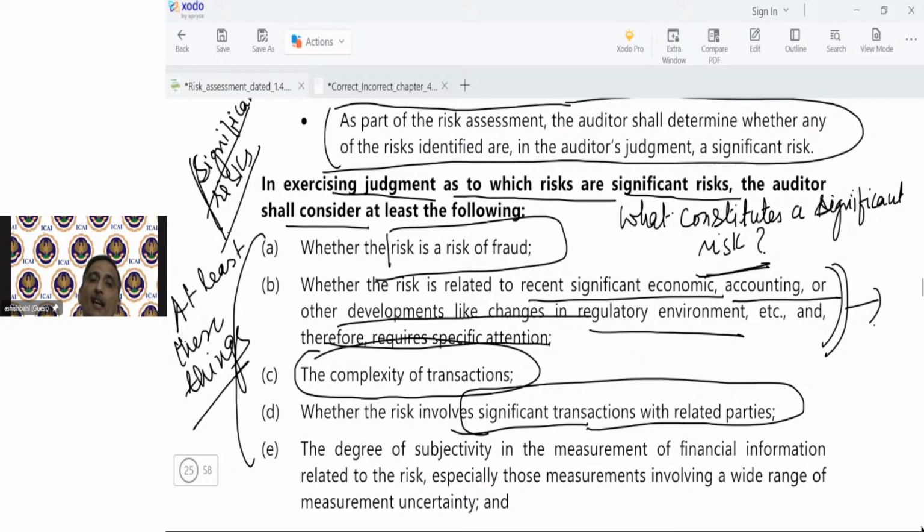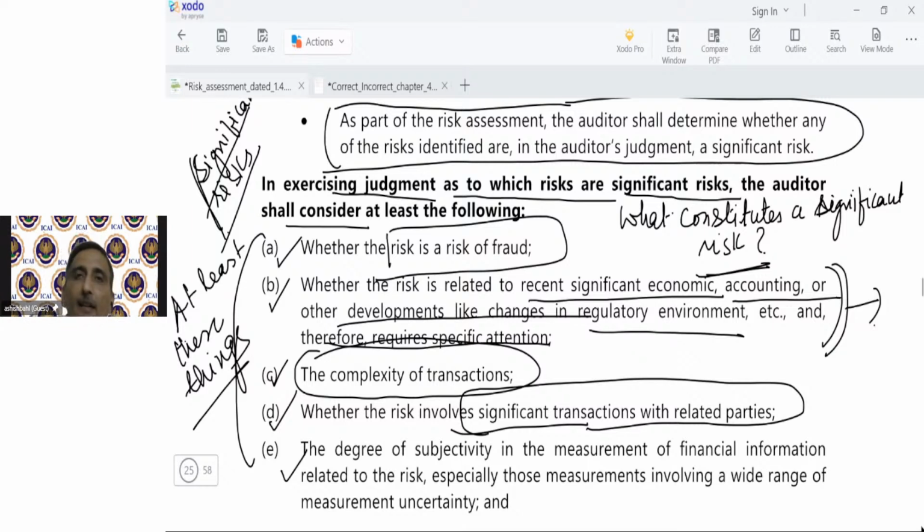Another factor could be the degree of subjectivity in measurement of financial information. If some financial information reflected in financial statements is highly subjective, greatly influenced by the judgment of the management, then again it would be prone to misstatements. It would have a greater chance of being misstated. It is not that it would be misstated, but it has a possibility of being misstated.